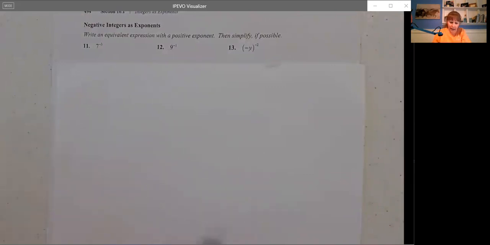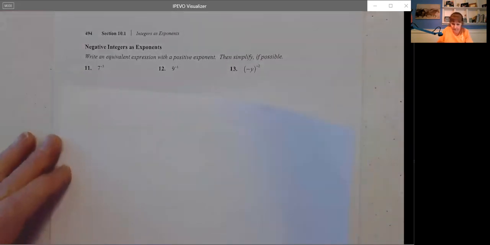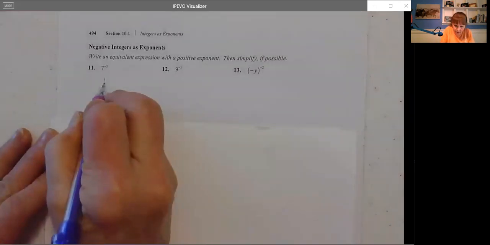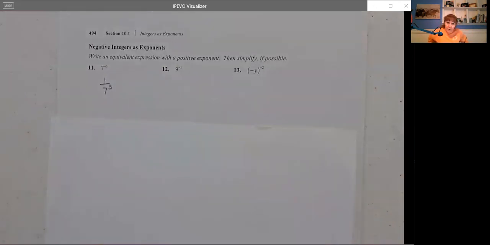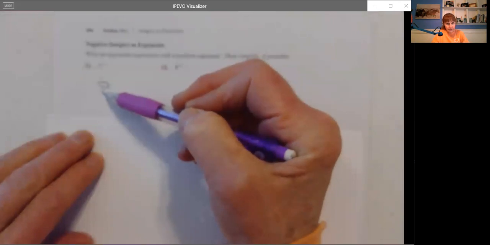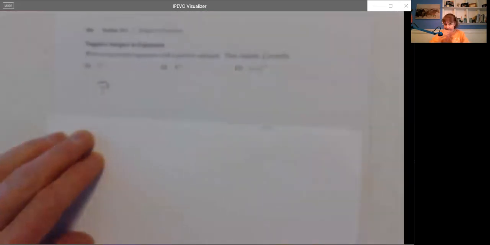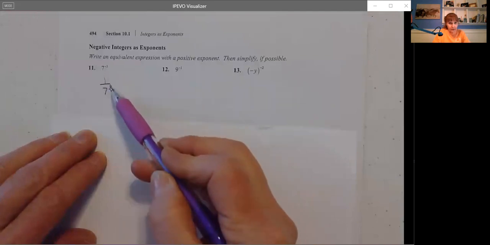So here, x to the negative 3 means 1 over x cubed. So if you want to get rid of the negative, you change the position of the base. If it's in the numerator, it goes to the denominator. And when you do change the position, you get rid of the negative sign.